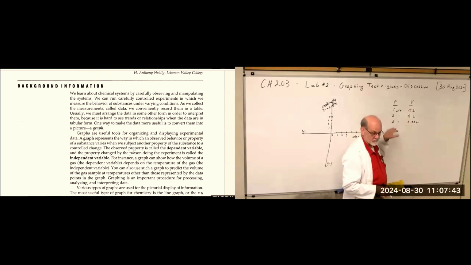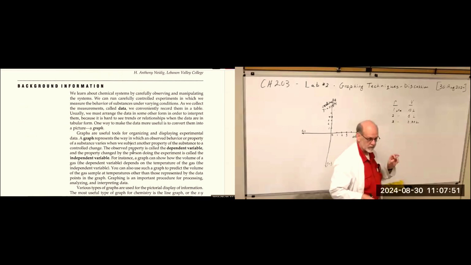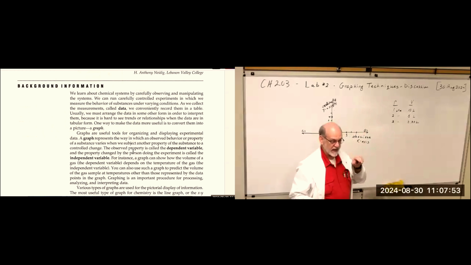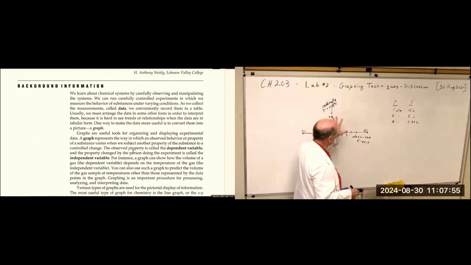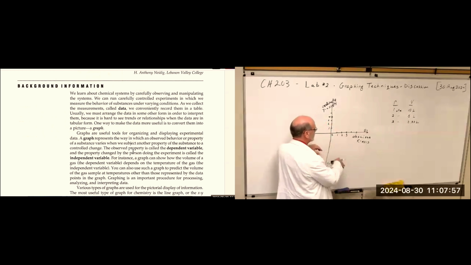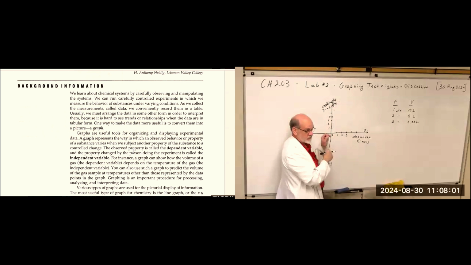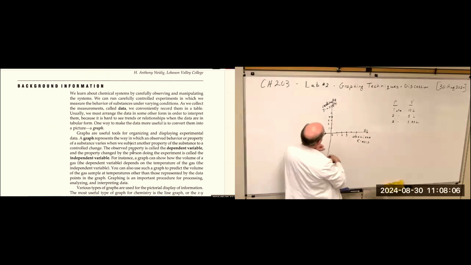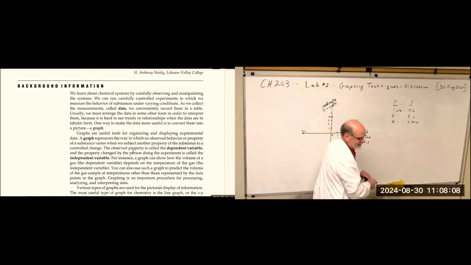So now we have 2 numbers that are related to each other. At 1, it's 10. At 2, it's 5. At 3, it's 3.33. Okay? When you have 2 numbers related like that, you can put them on this system. One of them would be related to that direction, and the other would be related to this direction. I made that too big.